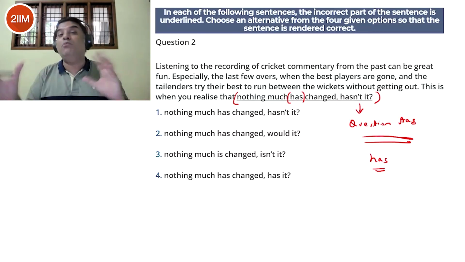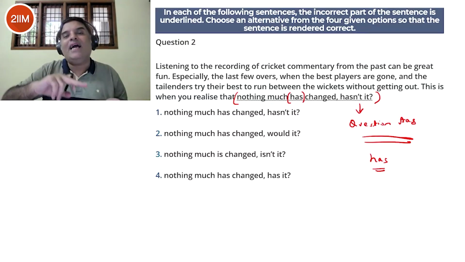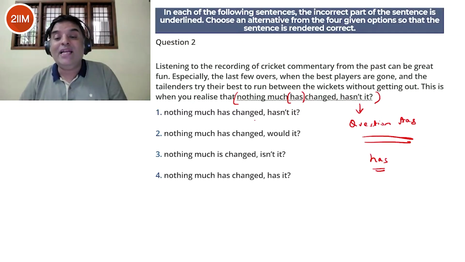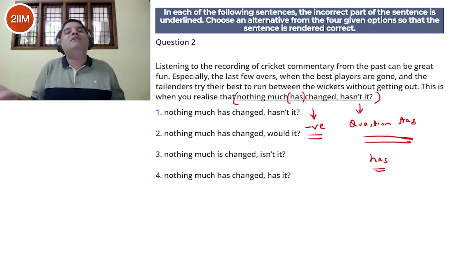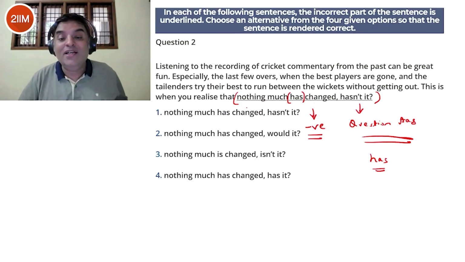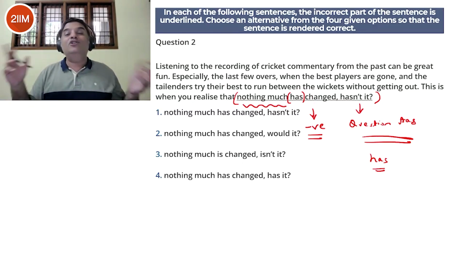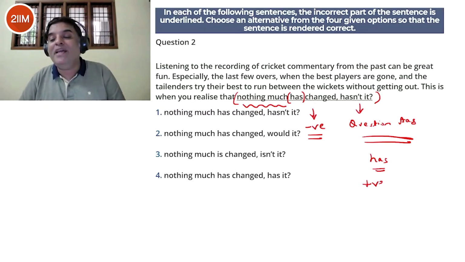So has or hasn't, both will fit. The second thing is the question tag has to be opposite of the phrase. So for instance, when you're saying nothing much has changed, this is negative, isn't it? Because of nothing much, this phrase is negative. So if the phrase is negative, your question tag has to be positive.